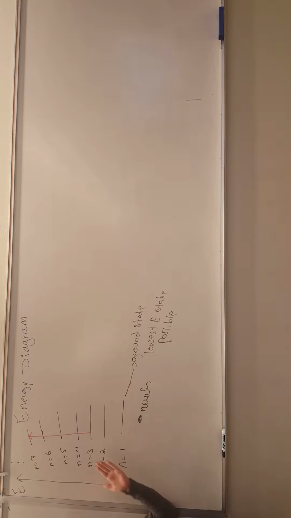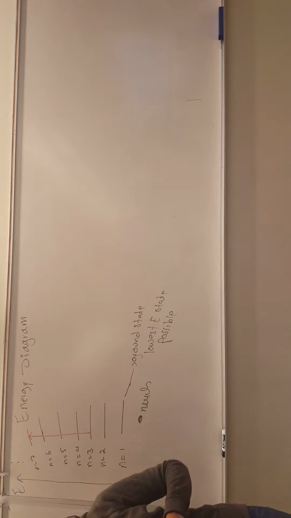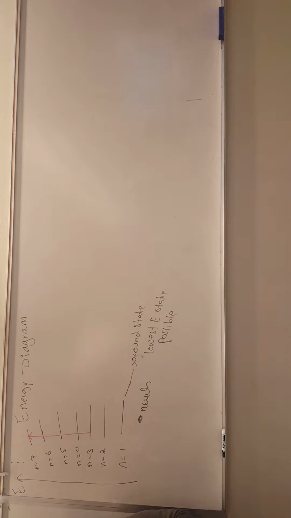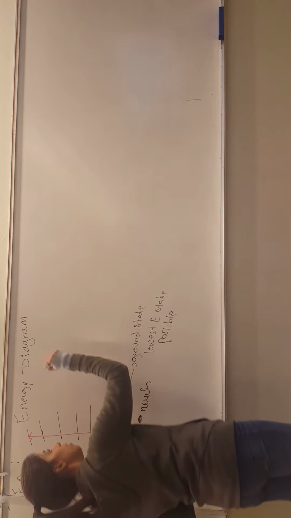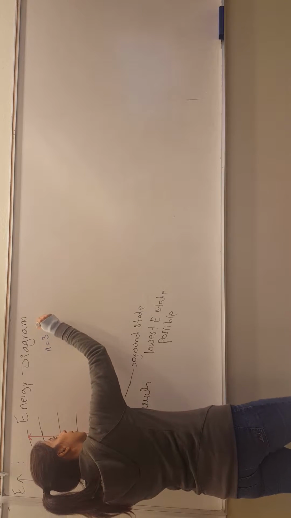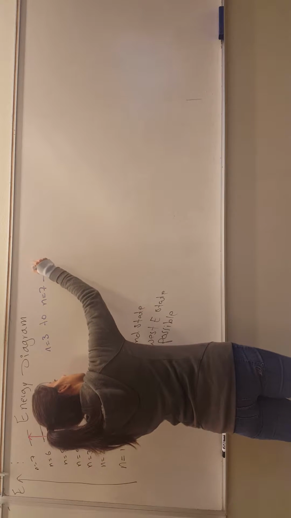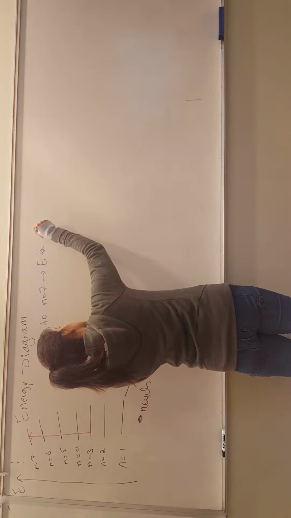Do you think the energy is increasing or decreasing, going from n equals 3 to 7? Increasing. It's increasing, but where does that energy come from? Being absorbed. That's correct. So to go from n equals 3 to n equals 7, energy is absorbed.